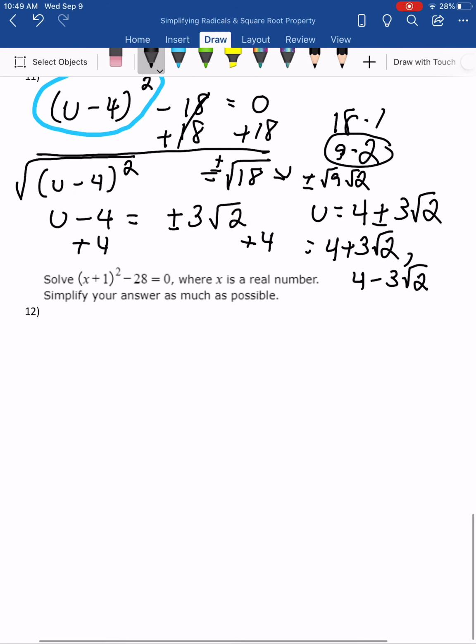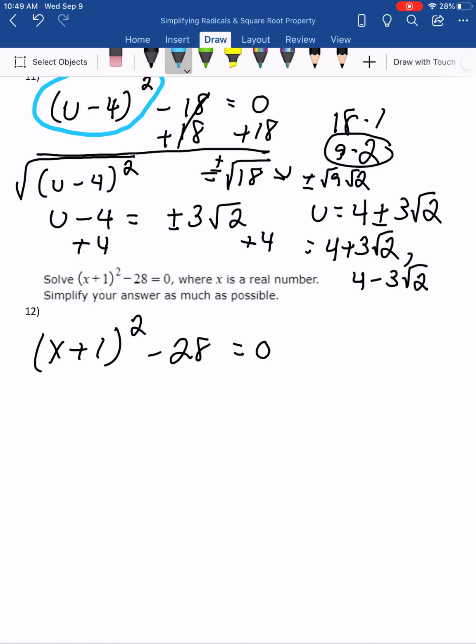All right, last one. x plus 1 squared minus 28 equals 0. So we're going to isolate that and start by adding 28 to each side.